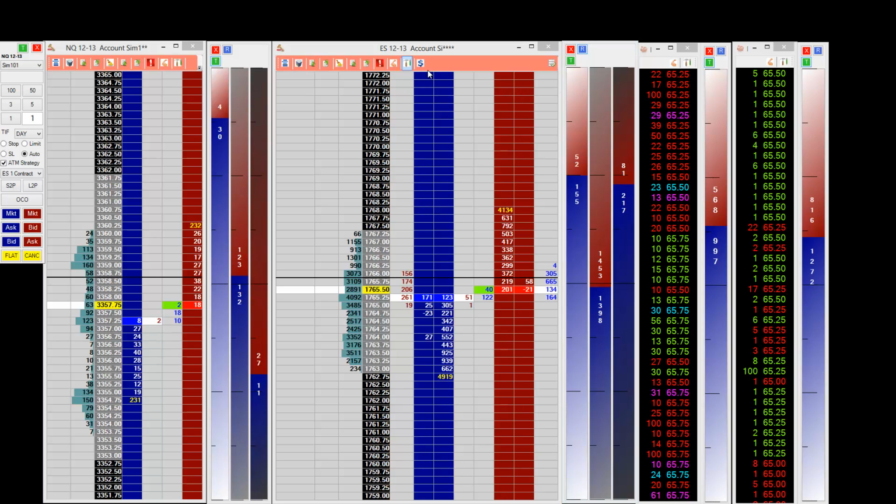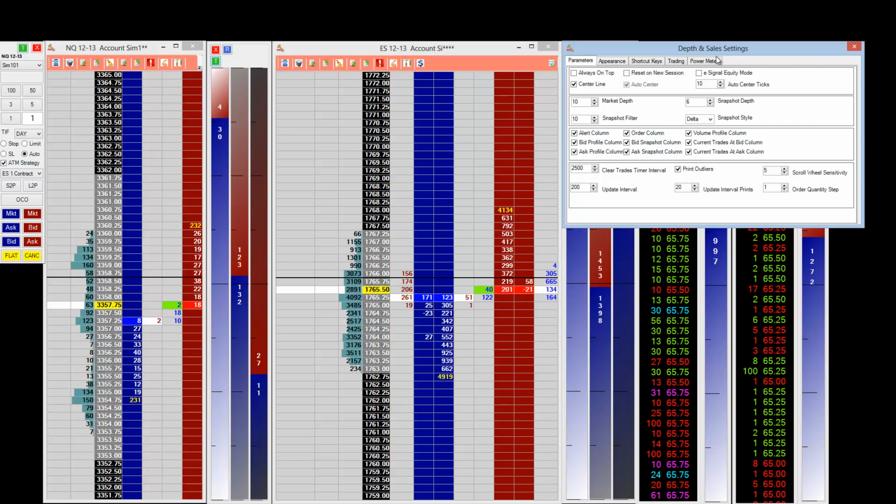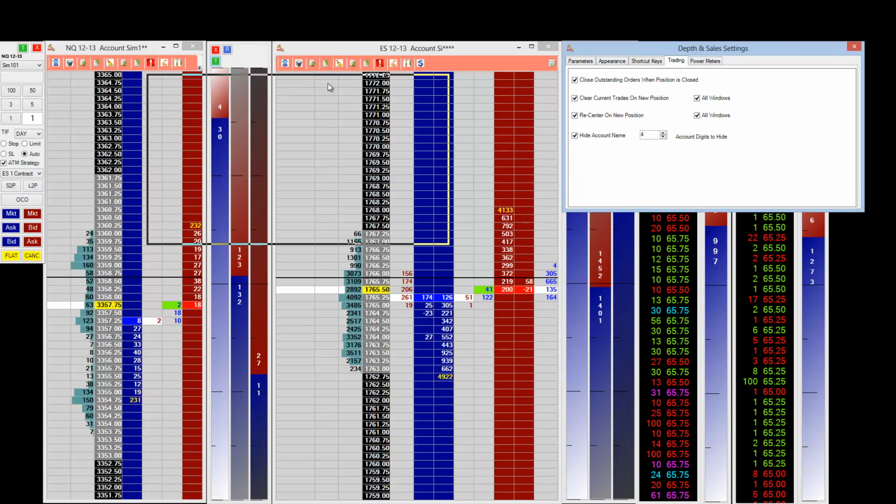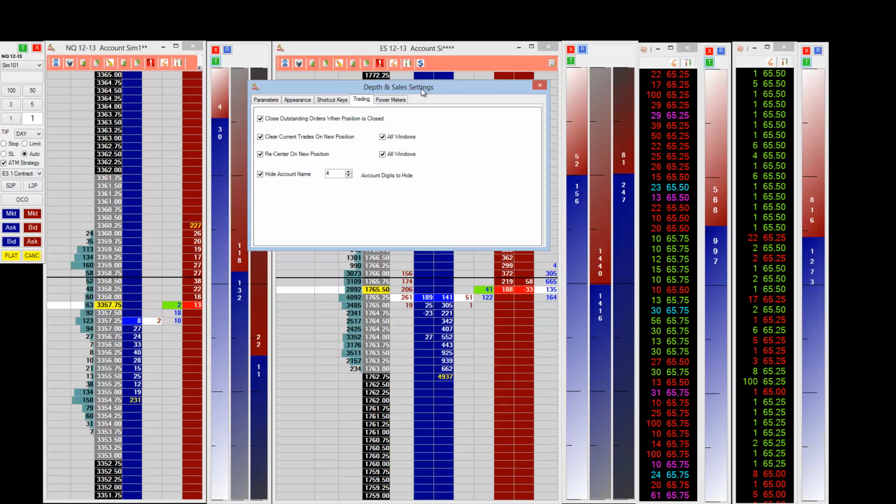Now what we're going to do is just have a look at these trading options, because the trading options are going to affect the strength meters, but it's also going to affect some of the things you see on the depth and sales itself. So close outstanding orders when a position is closed, we already had that. That's just to say, if I've got any exit orders hanging around after I close a position, they'll be cleared.